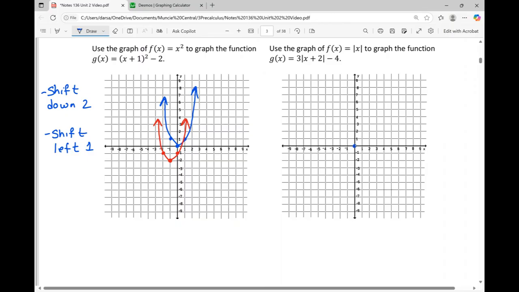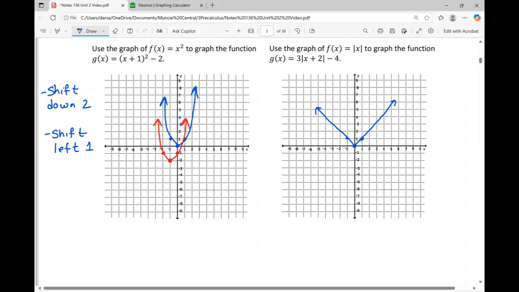Remember, we're going to have a dot at 0, 0, and this is the one that looks like a V. So it goes through 1, 1, and negative 1, 1, and it is straight lines. When you are doing an absolute value, make sure you are using straight lines. When you are doing a parabola like we did in the last example, make sure that it looks curvy. Don't give me straight lines. That will be considered wrong.